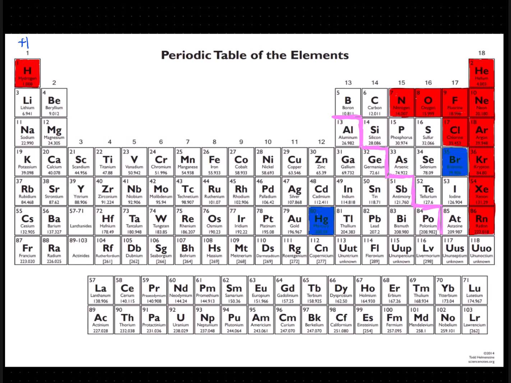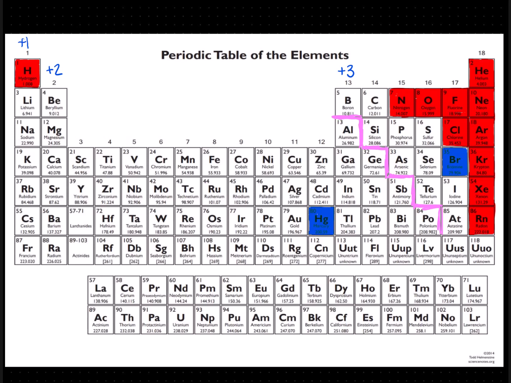Group 2 has 2 valence electrons, so it tends to lose the 2 rather than take in 6 to make 8. Group 3, which is boron family, has 3 valence electrons. It's easier for it to lose 3 than take in 5 to make 8.